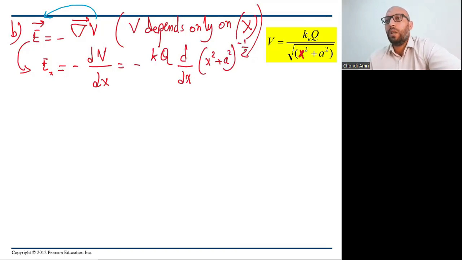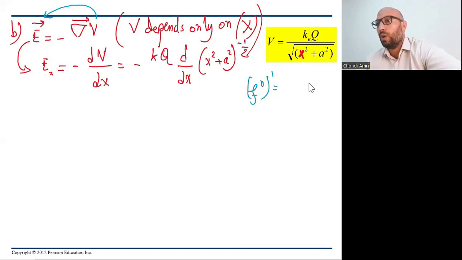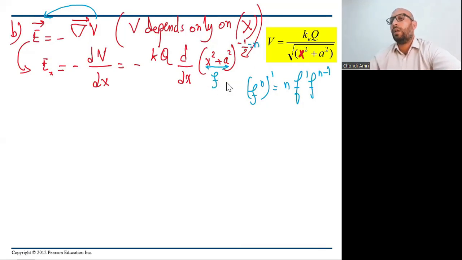Don't forget that we have a mathematical rule: the derivative of f to the power n equals n f prime f to the n minus 1. This is our function f, and this is our n.